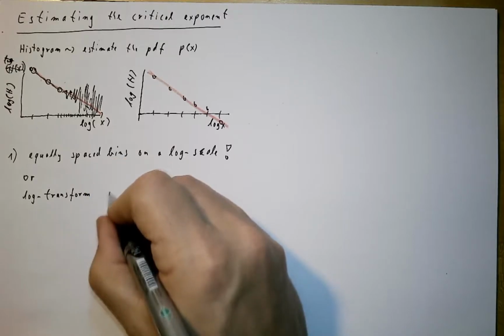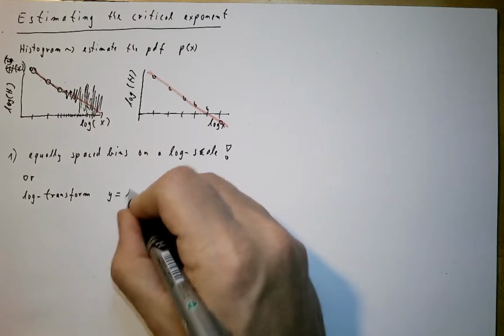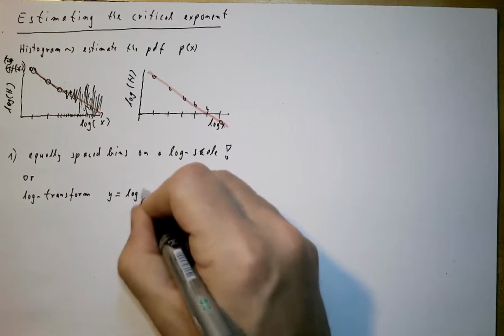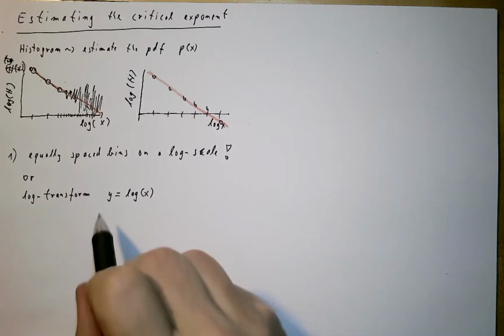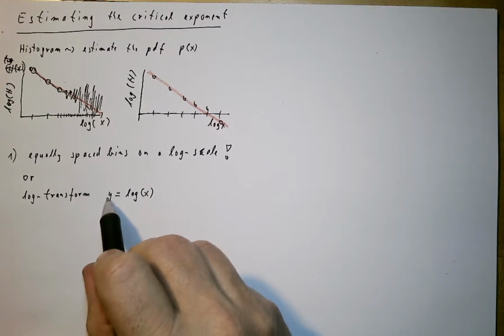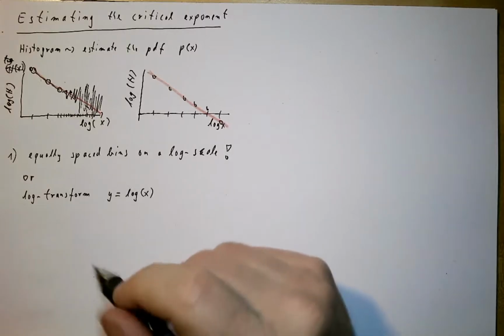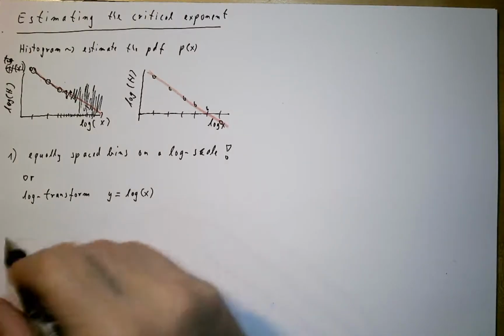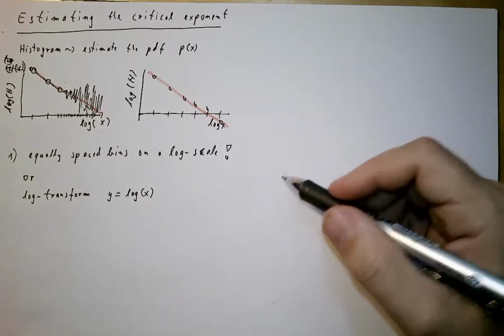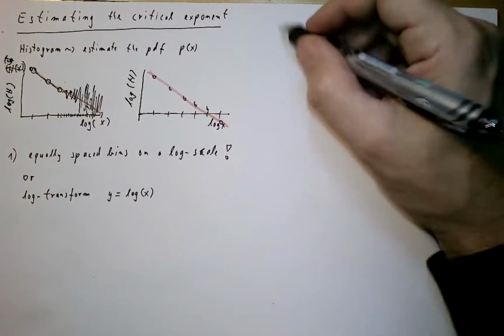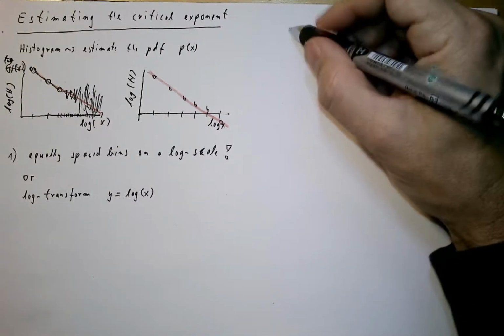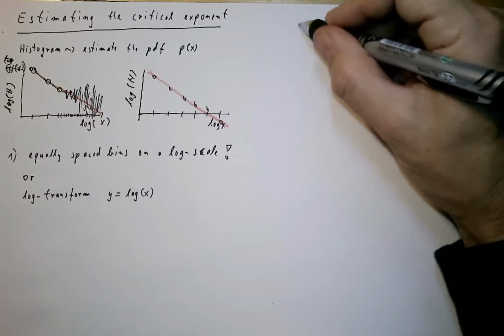And say y is just the logarithm of x. Then we can make the histogram of y. And then we just need to make the variable transform backwards. And then you make a plot.